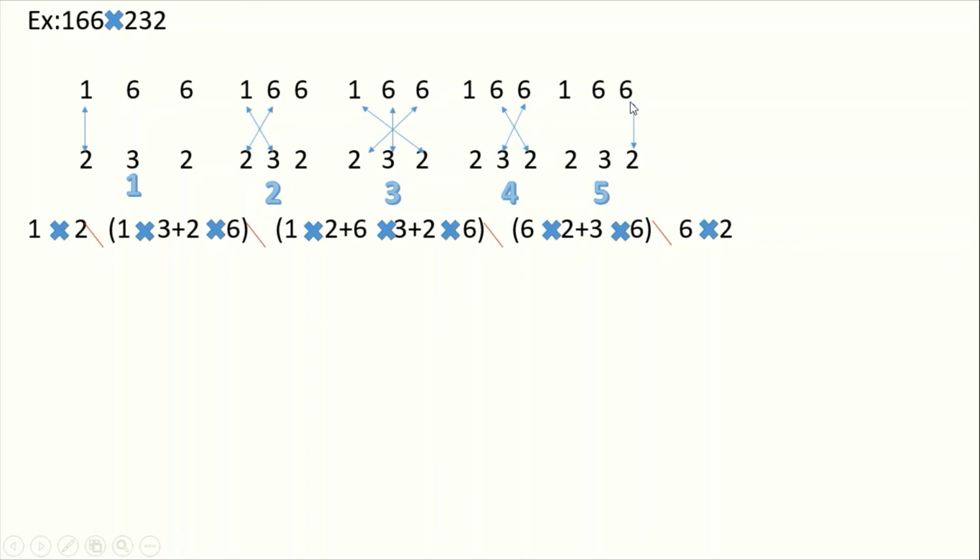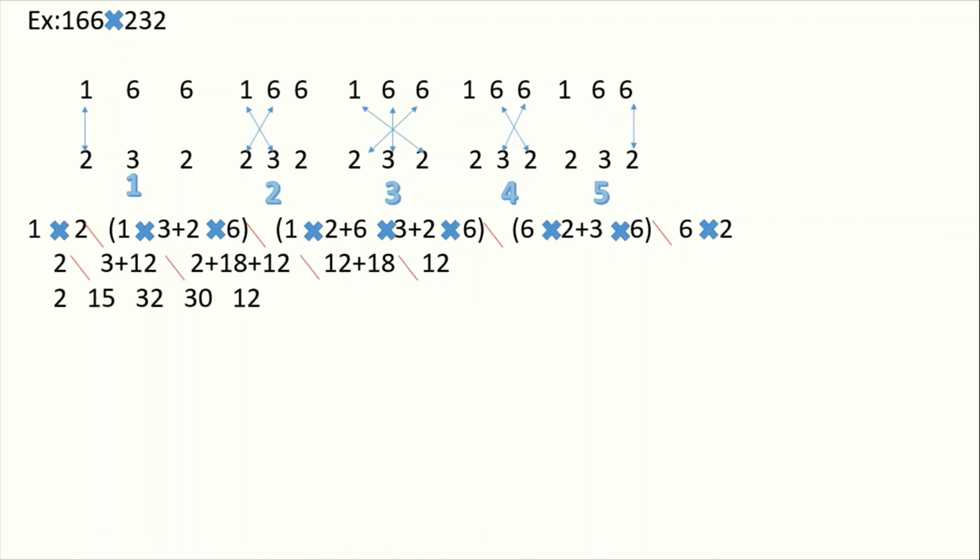The final one, 6 multiplied by 2. What are the numbers you are getting? 2, 3 plus 12, 2 plus 18 plus 12, 12 plus 18 and 12. If you add 3 and 12, you get 15. For the next one, you get 32. For the next one, 30, 12.